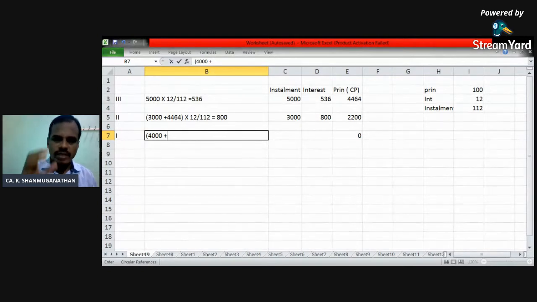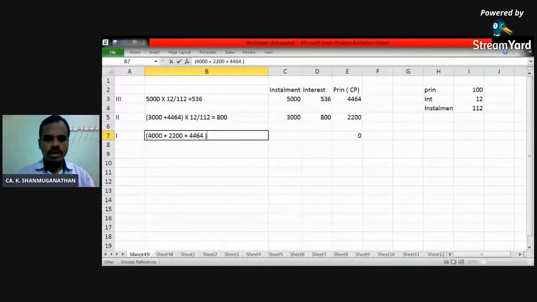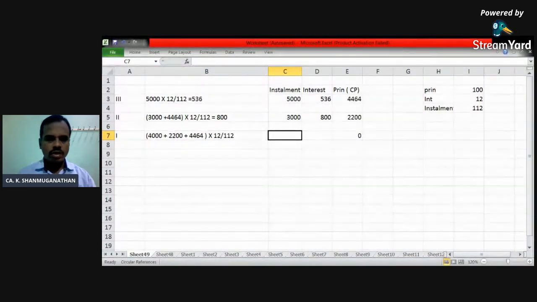At the end of first year the installment will be fully due. For second year and third year, only the cash price will be due. So only cash price: 2,200 plus 4,464. This would be the due. So into 12 divided by 112, what you will get now is 4,000.